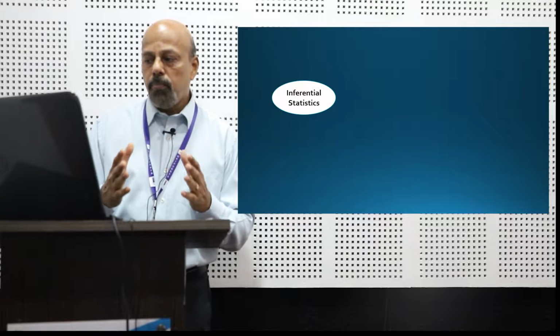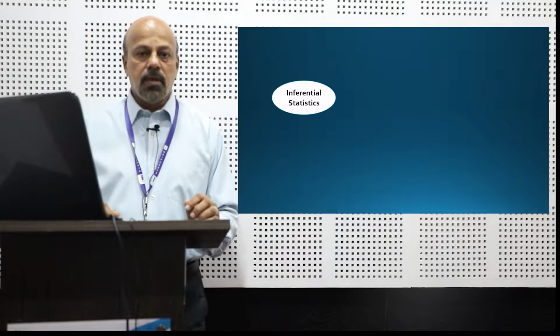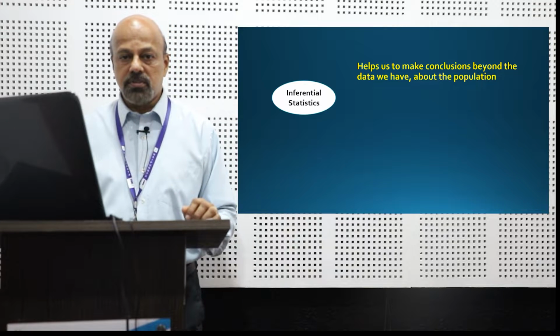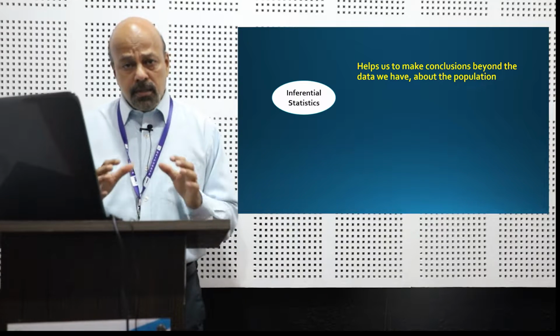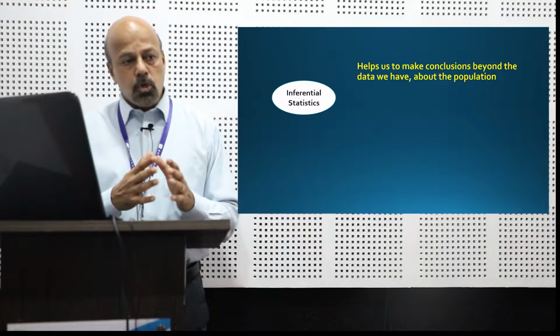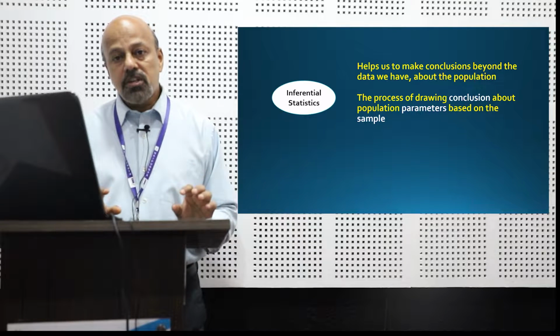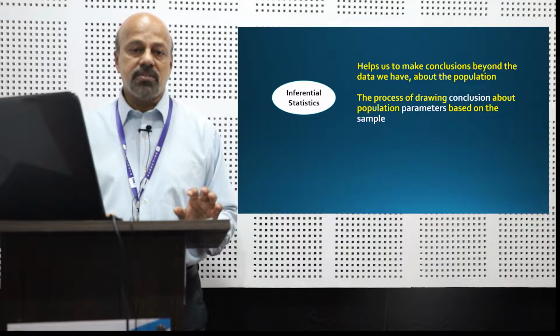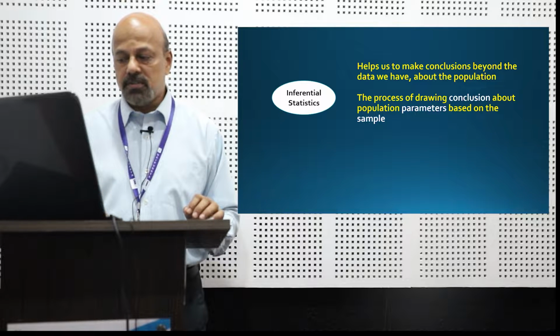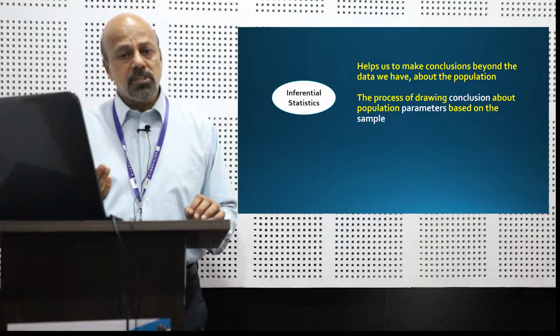And in inferential statistics, what we do is we make conclusions about the population parameter based on the data that is given to us. And this process of drawing conclusions about population parameter based on the sample data is called inferential statistics. So what is this population parameter?